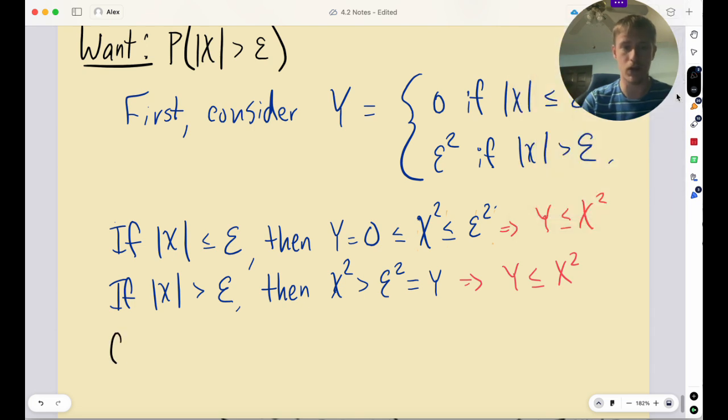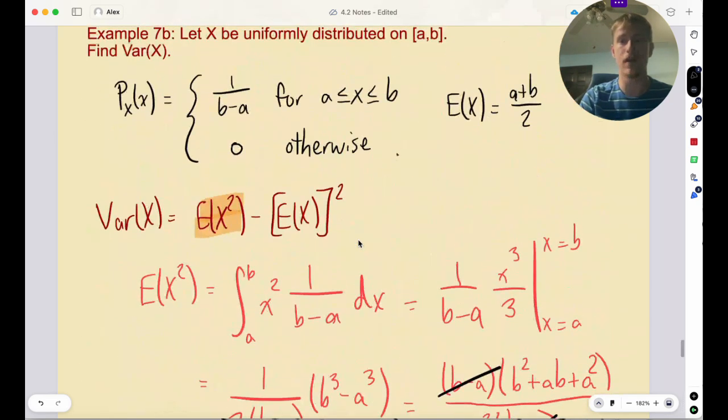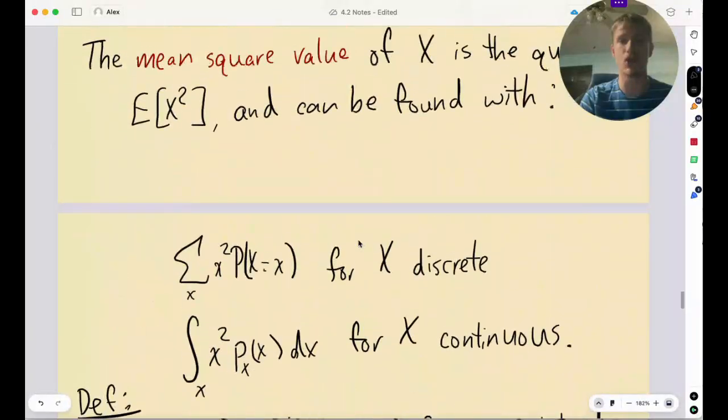So the conclusion, based on this wacky random variable that I defined, is that y is less than or equal to x squared. That's going to be important because of one of the properties of expected value, which I can go up and show you.